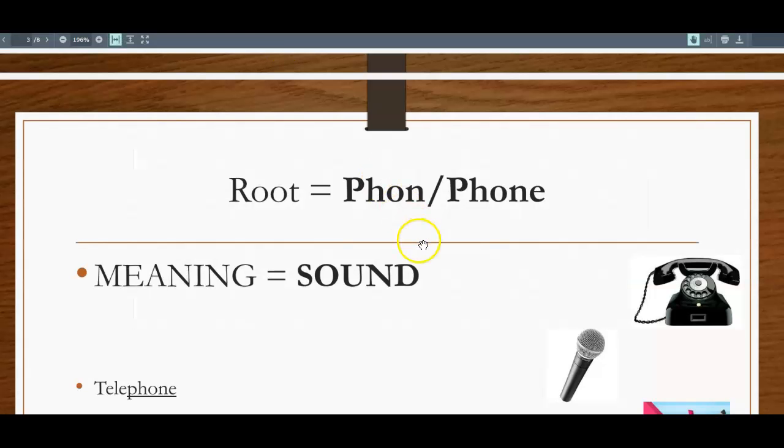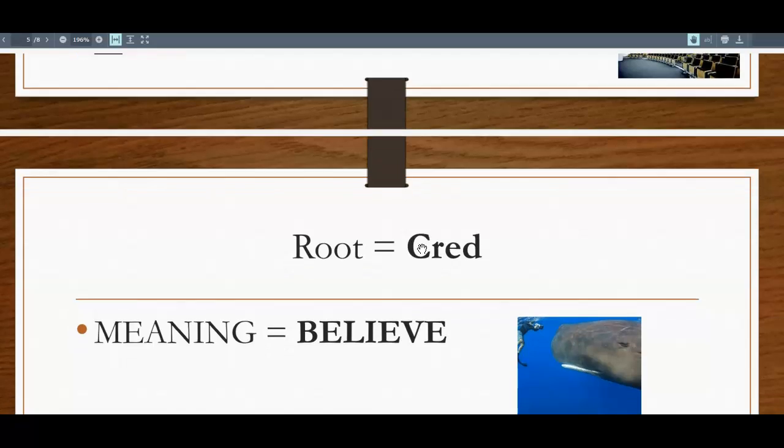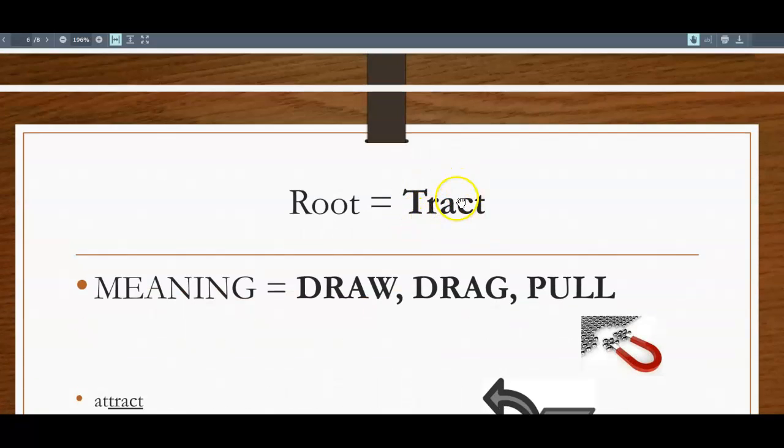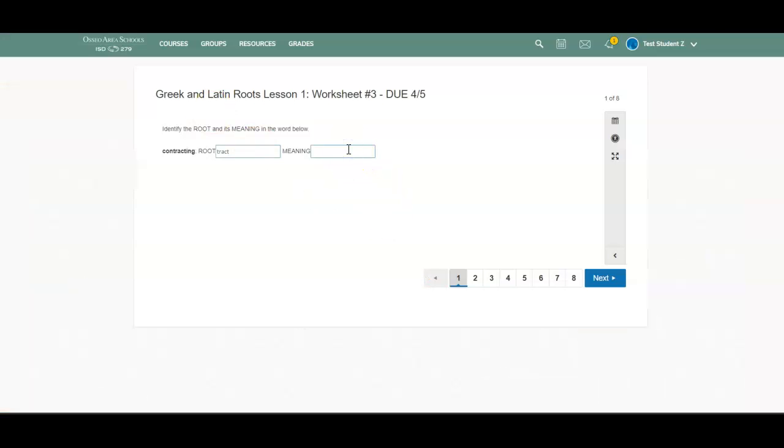So then I can go into my notes and I can find tract. And here is the meaning of tract. So when it wants the meaning, I can go draw, comma, drag, comma, pull. And I got that meaning exactly from the PowerPoint, and I made sure I spelled it correctly to get credit. And I will repeat that process throughout the worksheet.